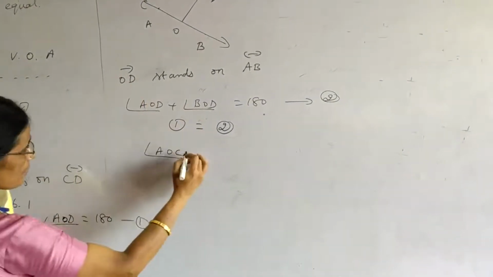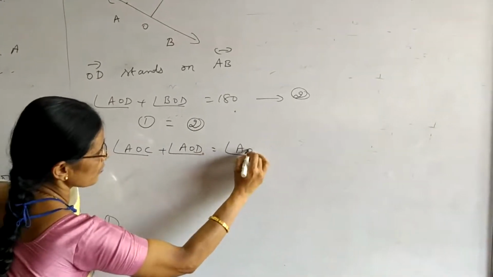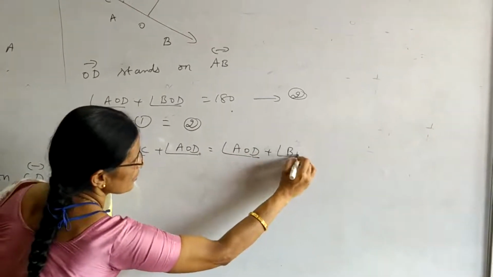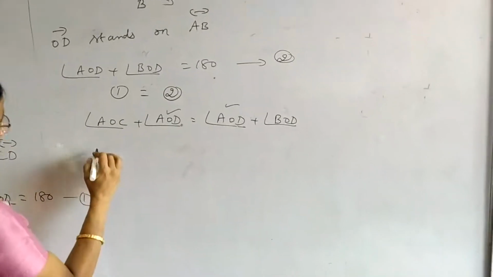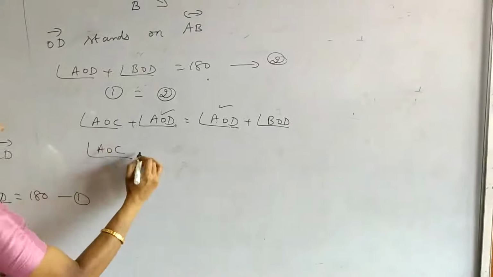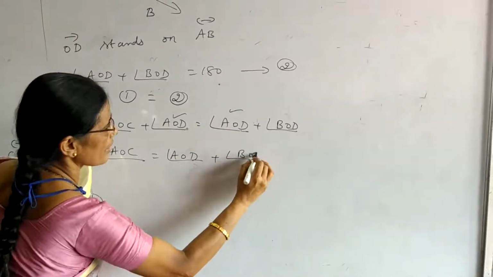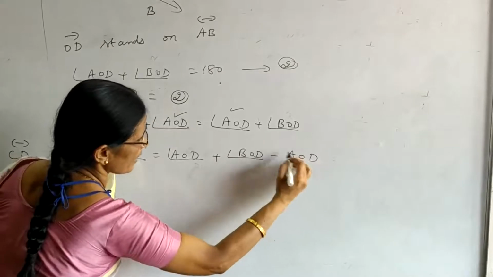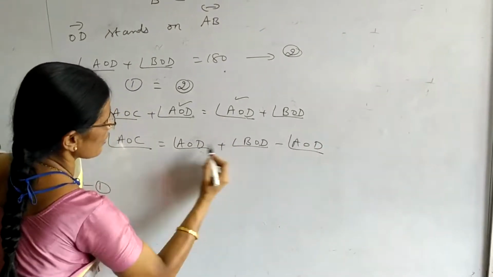So AOC plus AOD is equal to AOD plus angle BOD. You can see one angle is common. If I take this AOD to the other side, you can find it changes its sign. Therefore, here it becomes minus AOD. This AOD goes to the other side as minus AOD.